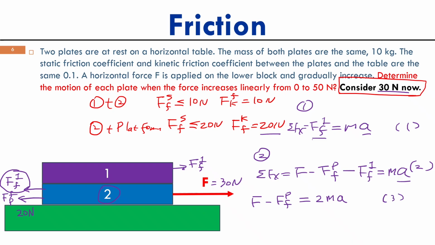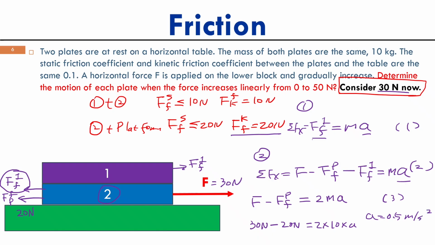So if we substitute the values in, the applied force is 30 Newton, and because 2 is moving, we should use kinetic friction force. So minus 20 Newton from the platform, which equals 2 times the mass, which is 10, times acceleration. So after calculation, we know the acceleration is 0.5 meter per second squared.